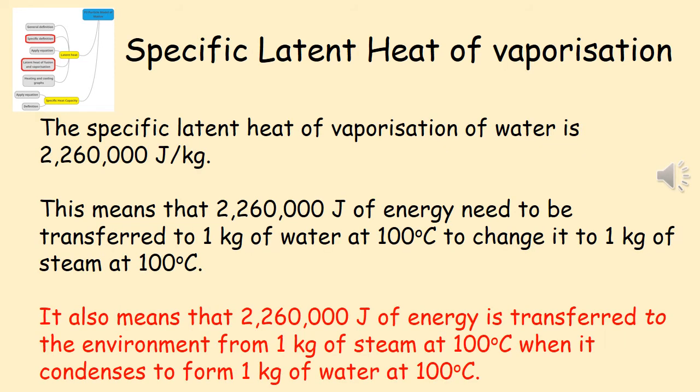So now for the second one, the specific latent heat of vaporization. You might be told that the specific latent heat of vaporization of water is 2,260,000 joules per kilogram. What does that mean? Well, it means that 2,260,000 joules of energy need to be transferred to a kilogram of water at 100 to change it to a kilogram of steam at 100.